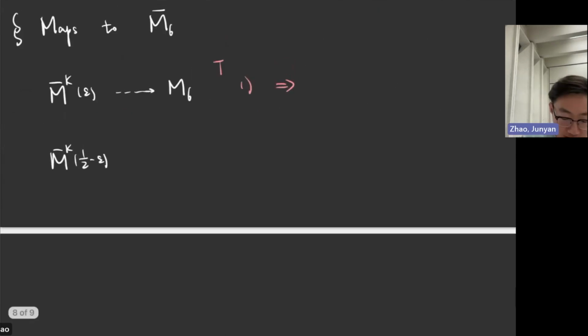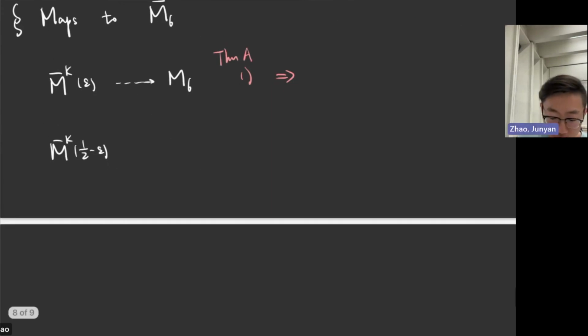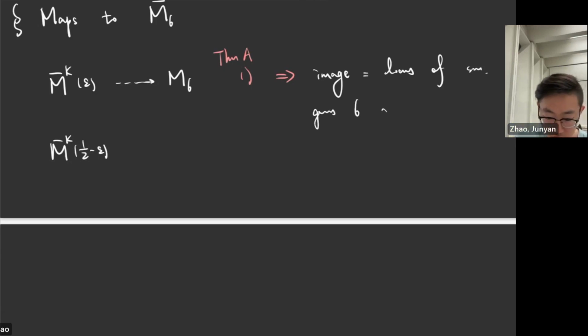Okay, so Theorem A tells you that the image will be the locus of the smooth genus 6 curves with exactly 5 g^1_4.